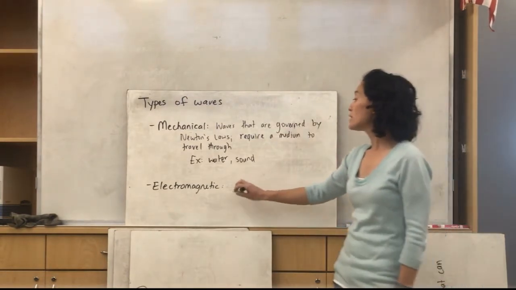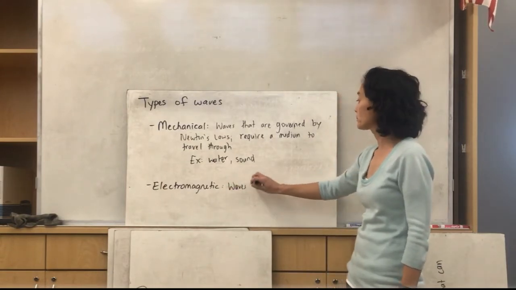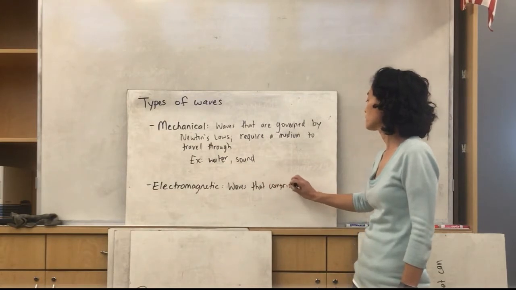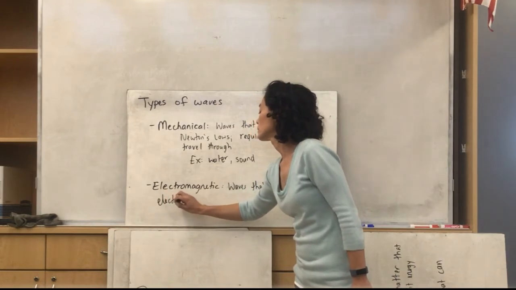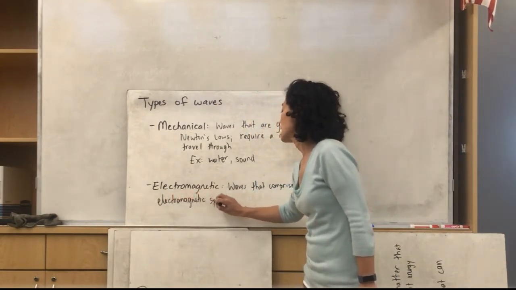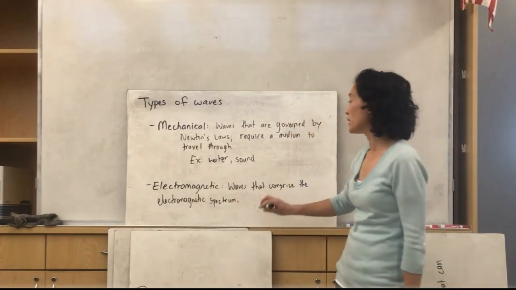Electromagnetic waves. These are waves that comprise the electromagnetic spectrum. And the key difference is these waves do not require a medium to travel through.